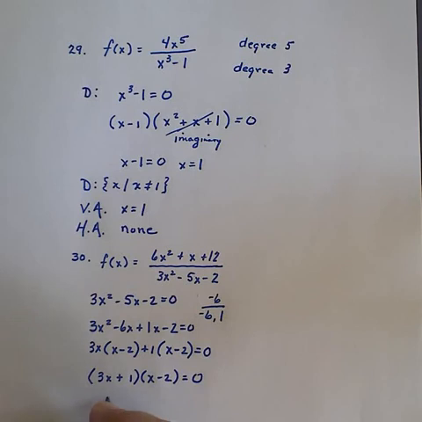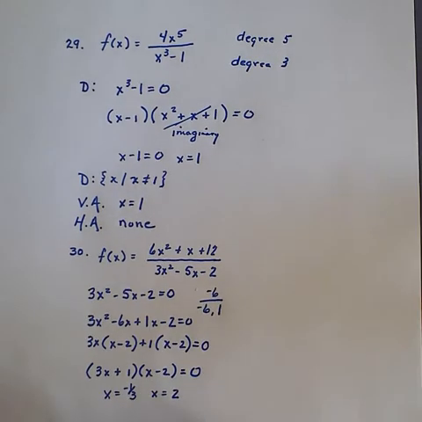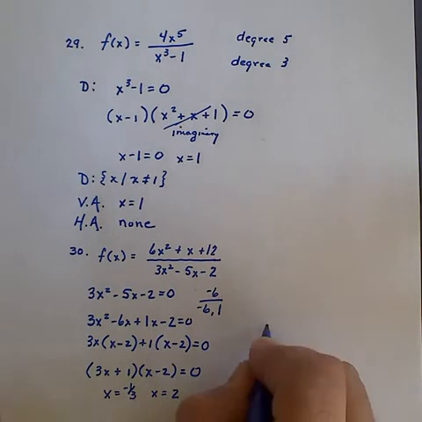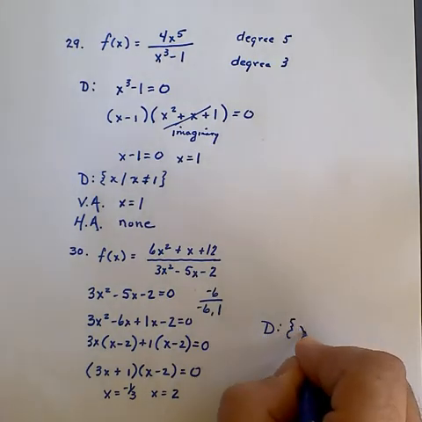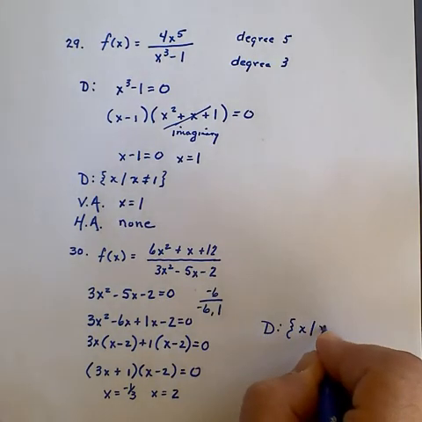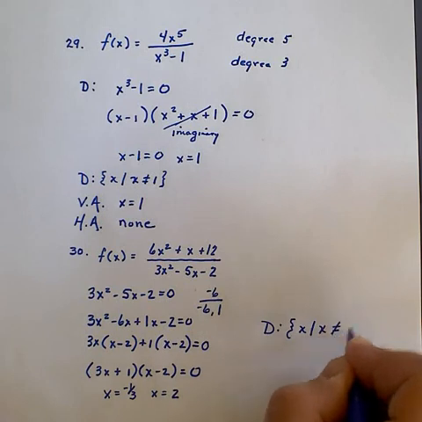So x equals negative 1/3 when I solve this for x, and then x equals 2 when I solve this one for x. Expressing that in terms of my domain, my domain is the set of x values such that x does not equal negative 1/3 and 2.